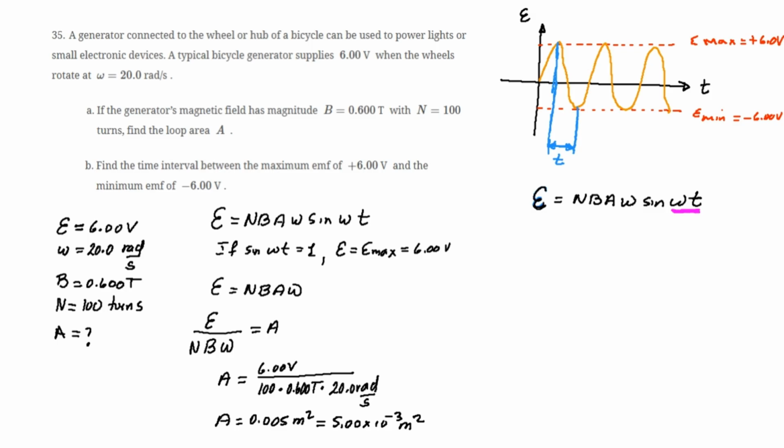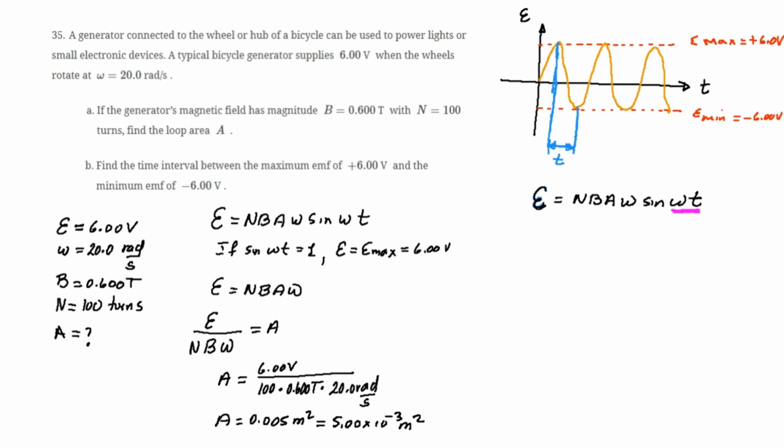So I know that the electromotive force is 6 volts, and I know the number of turns, that is 100, and the magnetic field, that is 0.600 Tesla, and the area because I found it, that is 5.00 times 10 to the negative 3 meters squared, and the frequency of the rotation, that is 20 radians per second.